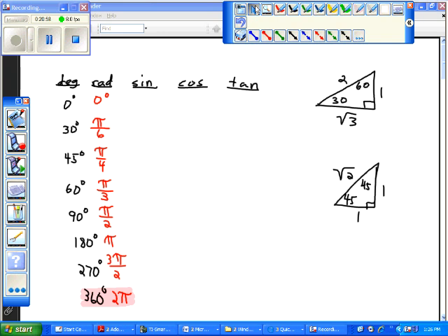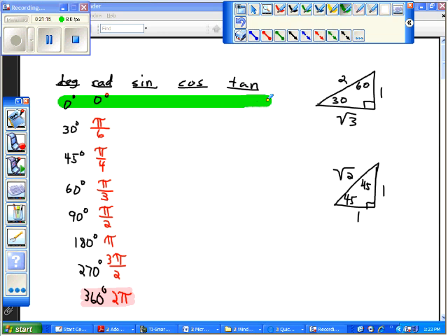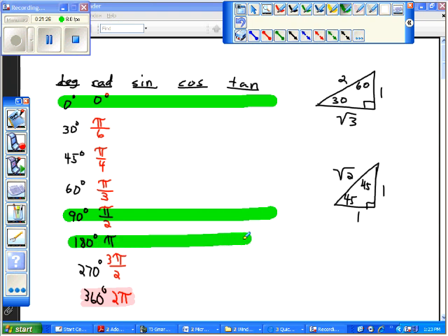We're going to skip the zeros. We're going to go to the special right triangles, 30, 45, and 60 first, and then we'll come back to the quadrantal angles later. Quadrantal angles, remember, when we talk about the x-axis, then 0 degrees would represent horizontal. 90 degrees would represent vertical, so that would be your y-axis going up. 180 degrees would be going to the left on your x-axis. 270 degrees would be going down.